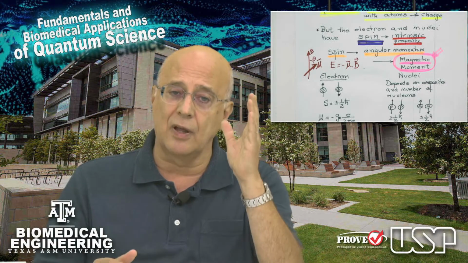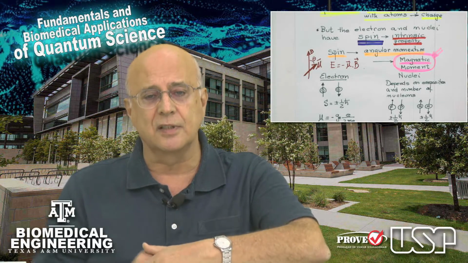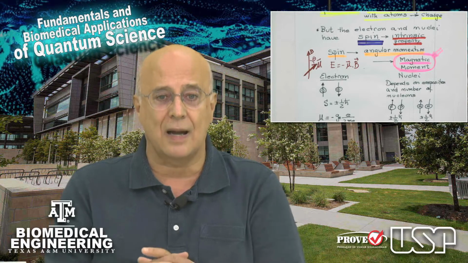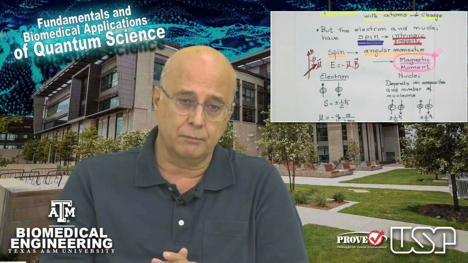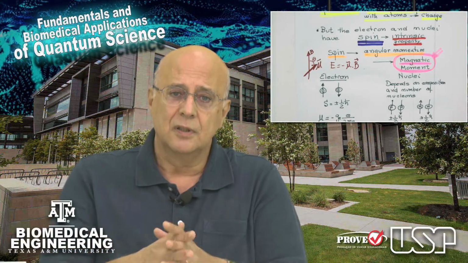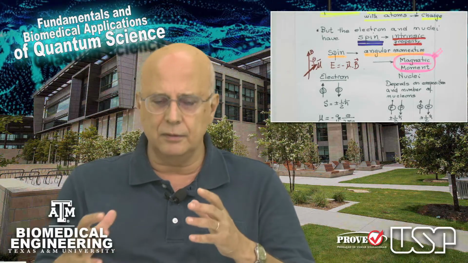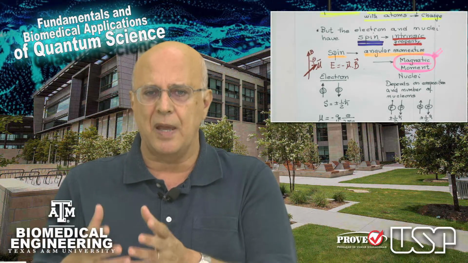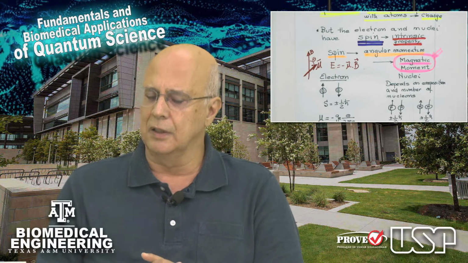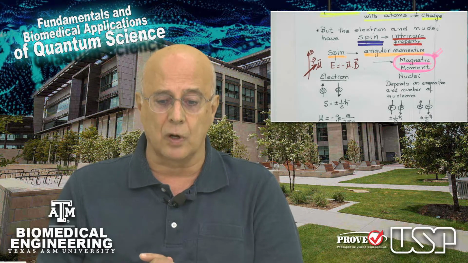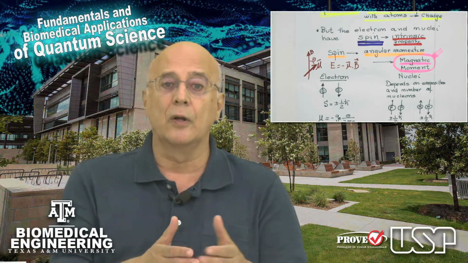And depending on the value of this angular momentum, the projection is discretized because it is quantized, as a requirement of the properties of the waves that are associated with quantum mechanics. So that will give us the basis to explain how those magnetic resonances work.